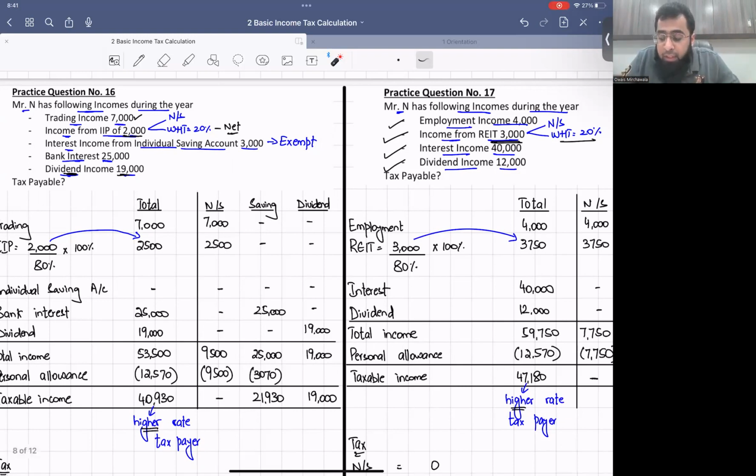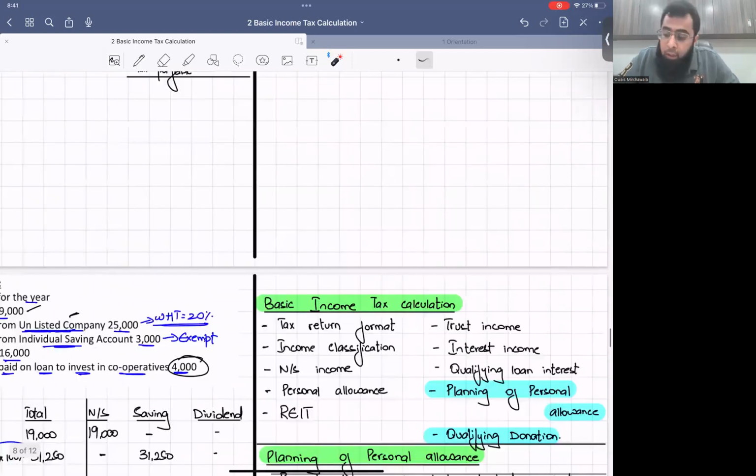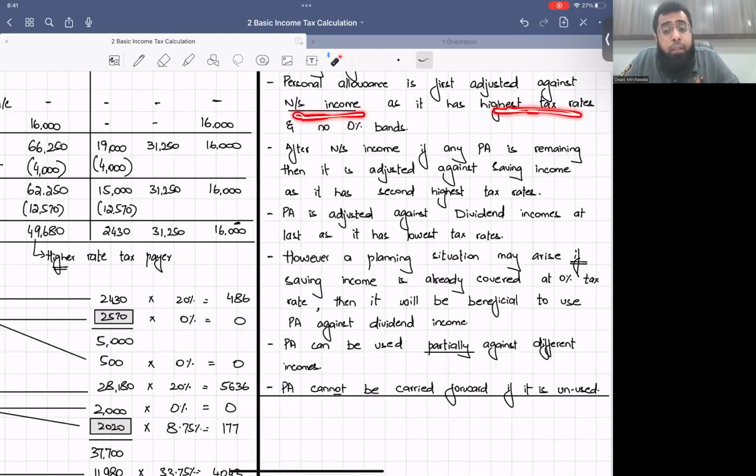The reason for this sequence is tax rates. Non-saving income has the highest tax rates, saving income has the second highest tax rates, and dividend has the lowest rates. We offset the income with the highest tax rate to get maximum saving.